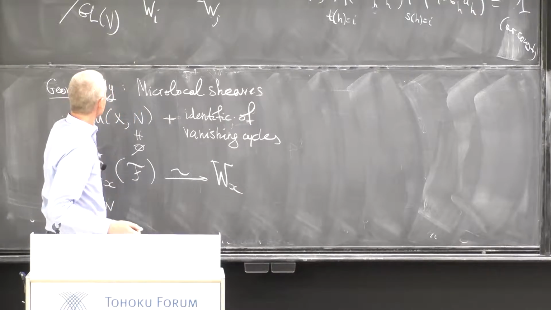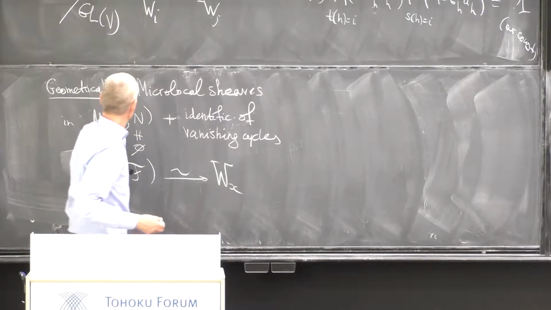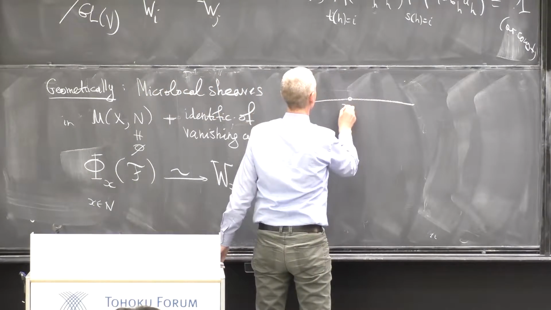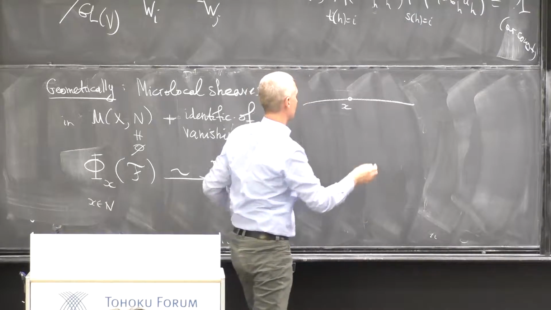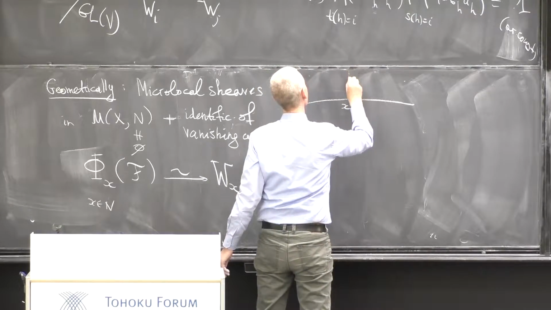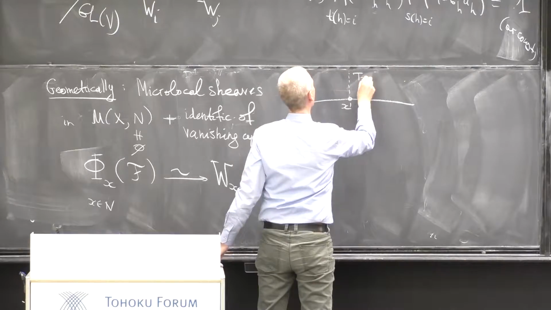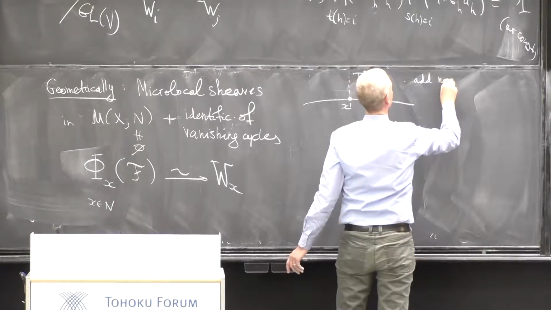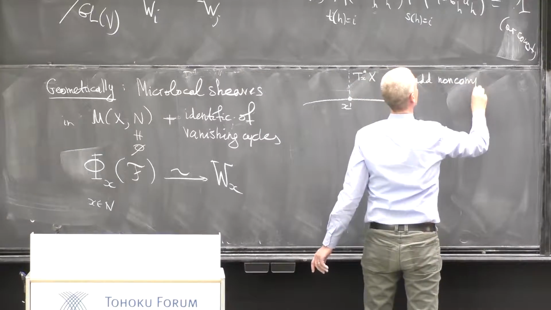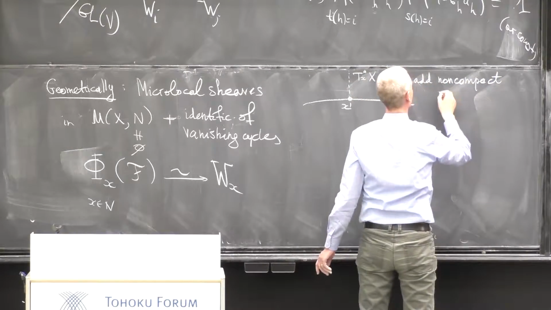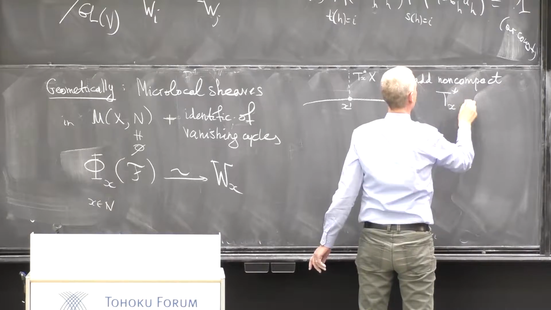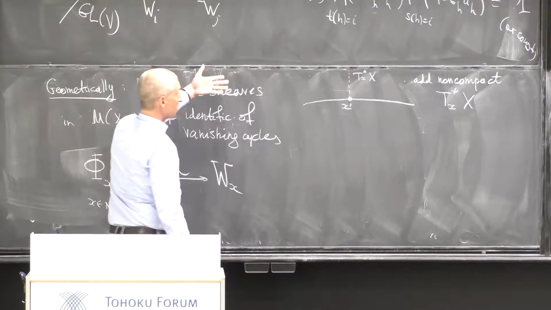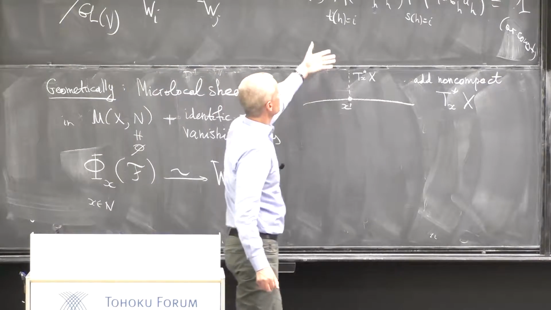So geometrically it means when we allow new points, even if our curve was compact, we add here the non-compact cotangent, T star x. So the curve, even if it was compact, the new thing will not be compact.